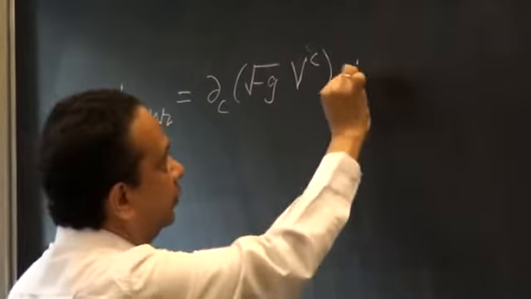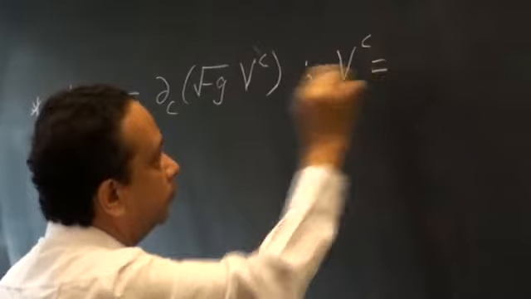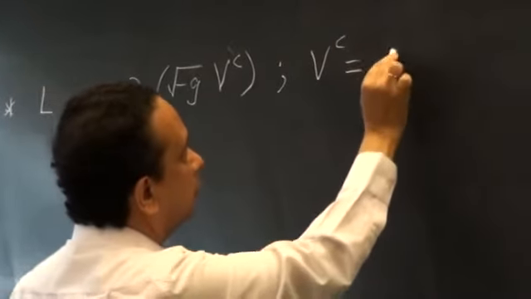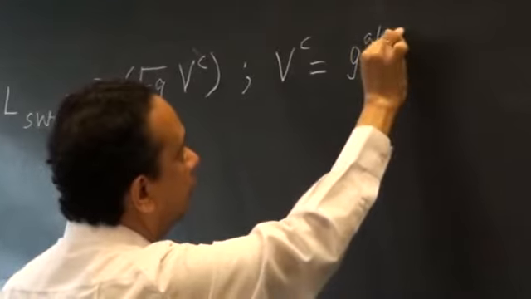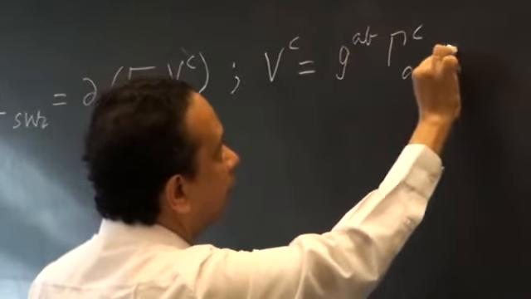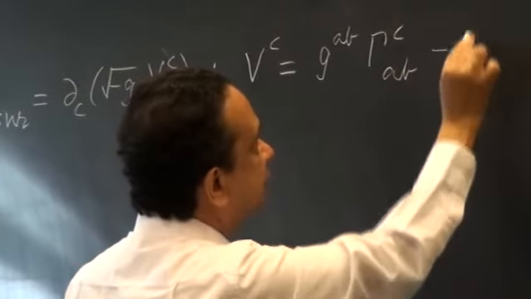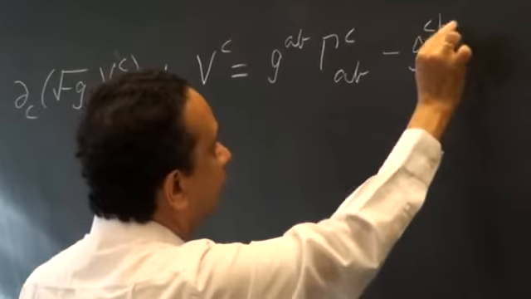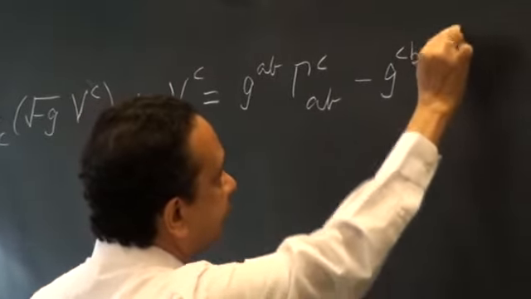It is not a vector, where v^c can be written as g^{ab} gamma^c_{ab} minus g^{cb} gamma^a_{ab}.